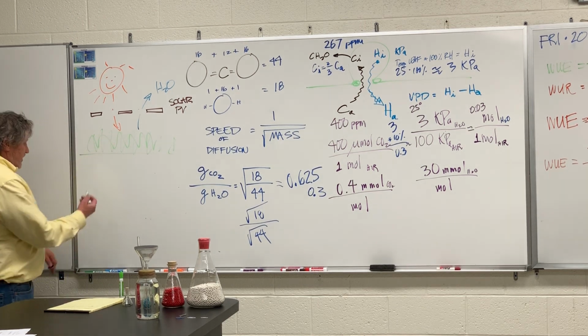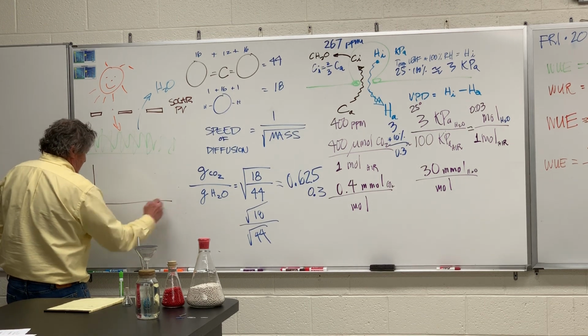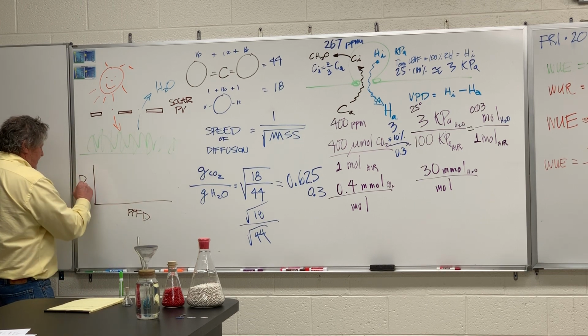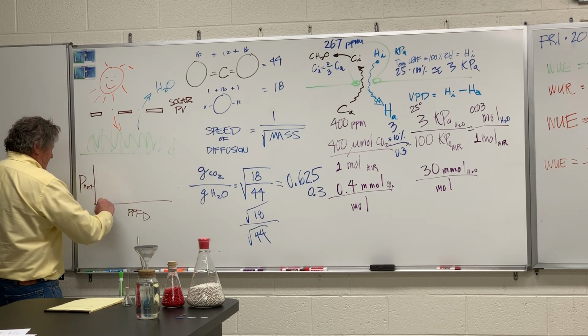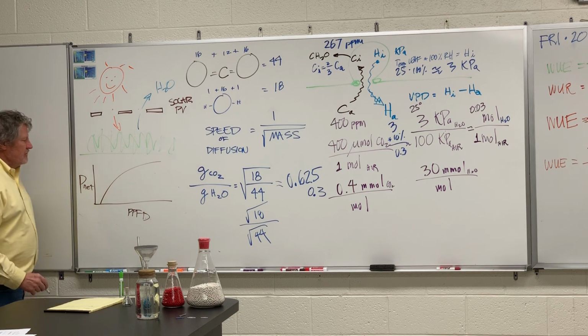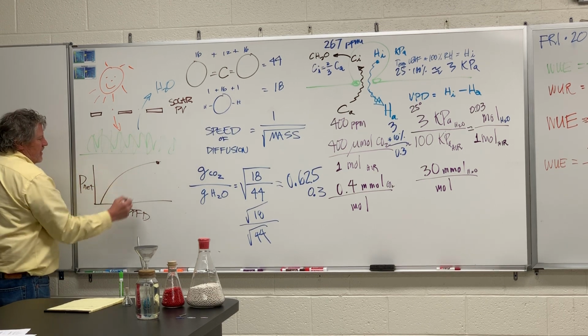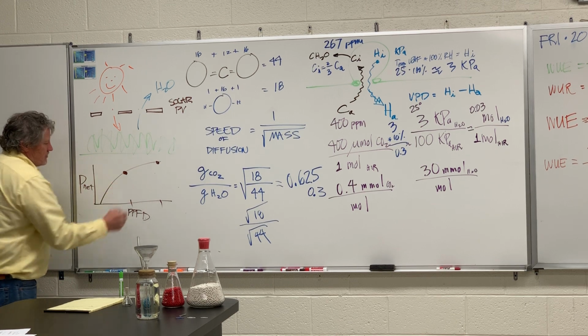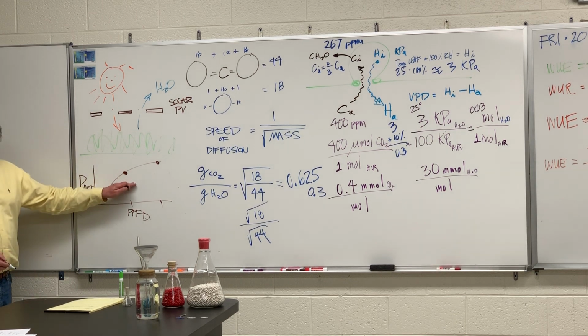And remember our light response curve? PPFD, photosynthetic photon flux density, and PNet. If we're up here, not too good, you cut the light in half, and we're down here. So we did reduce yield, but we didn't cut it as much as water.